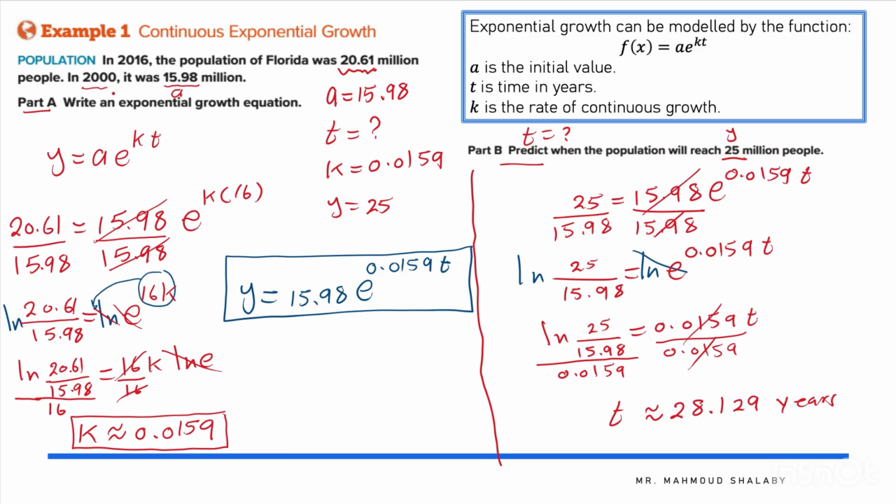So remember what was the starting year here? It was 2000. After 28 years it will be the year 2028, and this could be the choice that you will have. So it's like two ways. He will ask after how many years, it means 28, or in which year. So I will add the 28 years to the initial year, which was 2000.